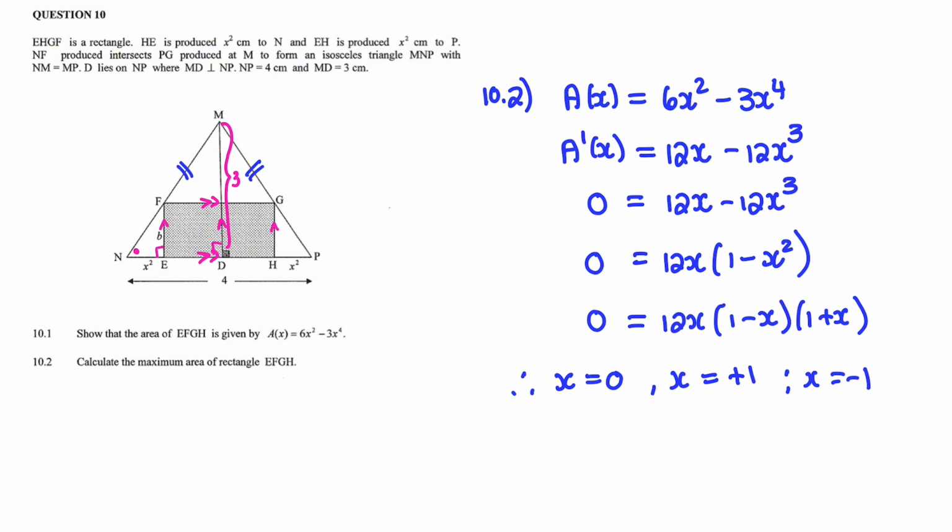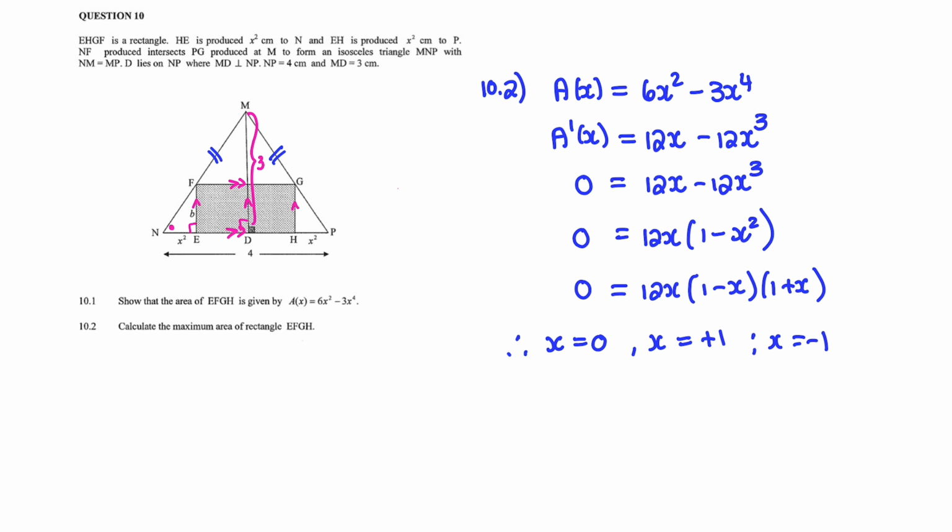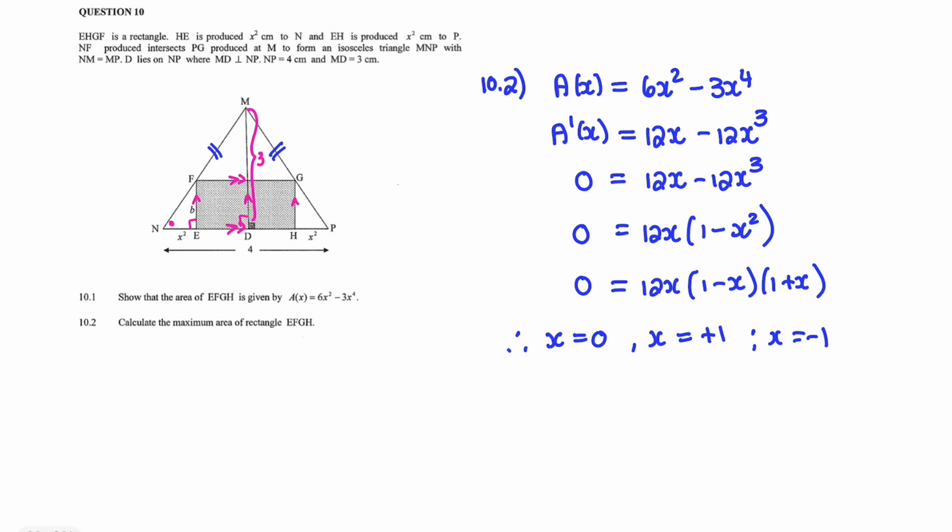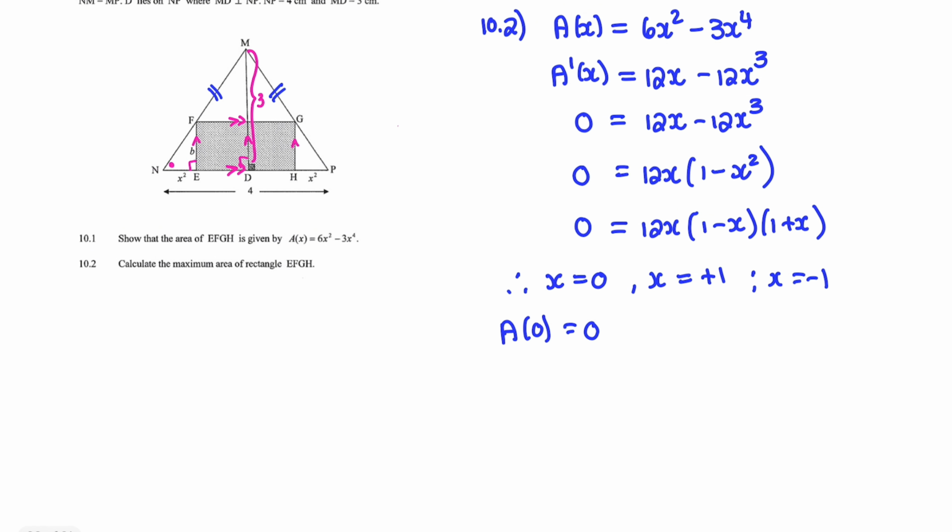So the question said find the maximum area. So I'll test these 3 values of x in my original area equation. So when x is equal to 0, the area is 0. That doesn't look like a maximum. When x is equal to 1, I have 6 times 1 squared minus 3 times 1 to the power of 4, which is 3 units squared.